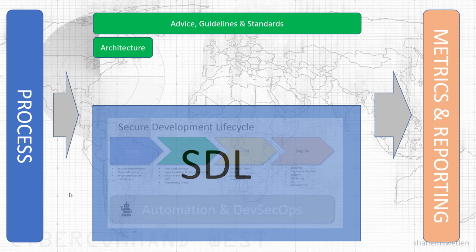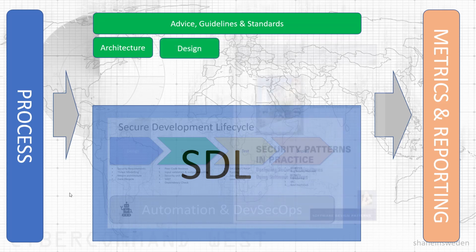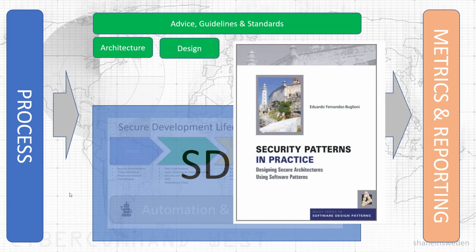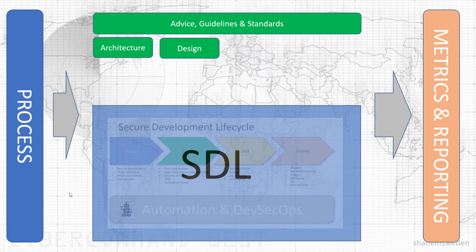For example, it may be that you need to help your company's architects understand secure architecture and secure design principles. Your company may have an architecture board or a design group that reviews new development, new designs that are coming up and has to approve them. And in this type of situation, it's quite common that the application security team have a representative to help give the security point of view in these type of boards.